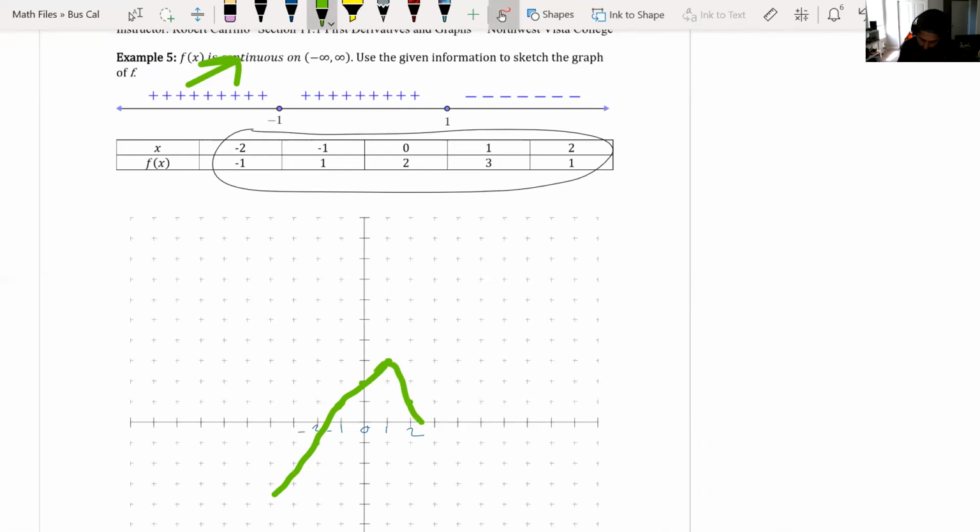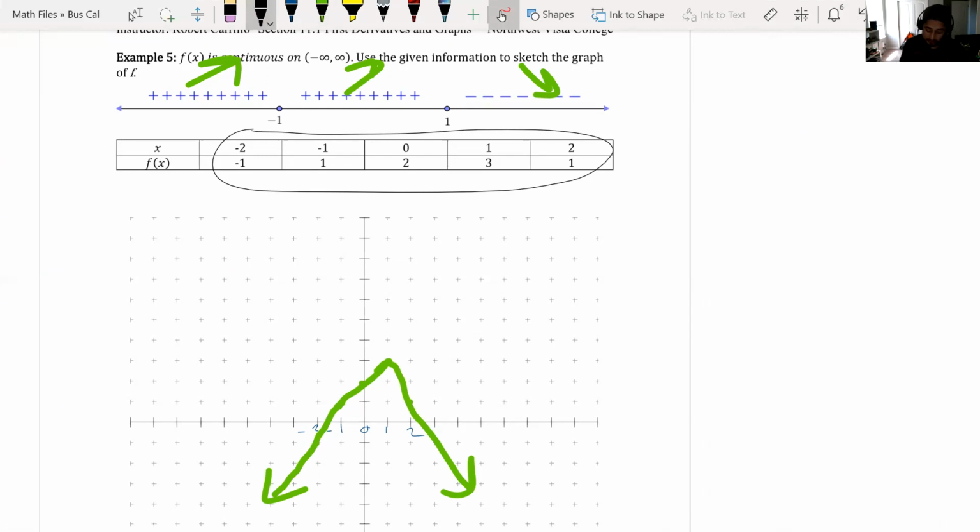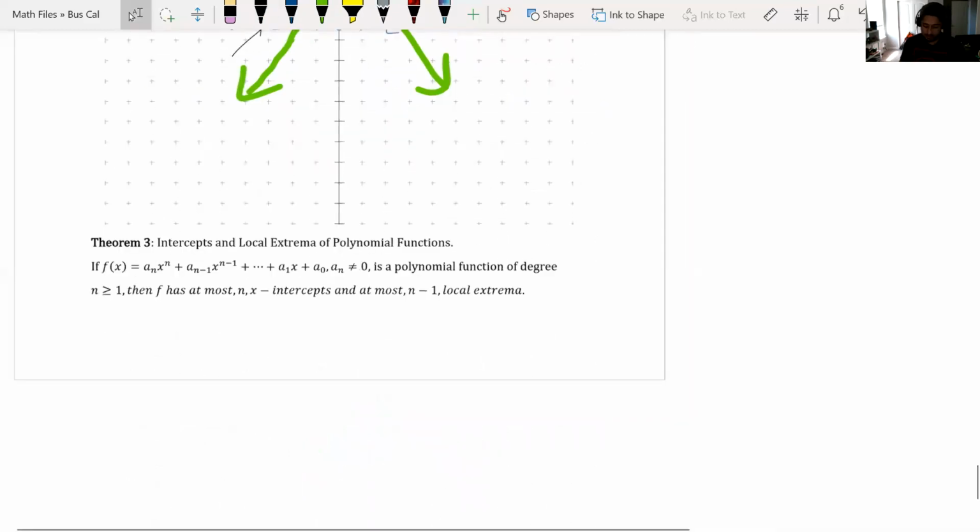So curve around and down. Super ugly, but you see what's going on. Again, to represent the sign chart, here's increase, there's decrease, and this could also be constant. And there it is, children. That is it.